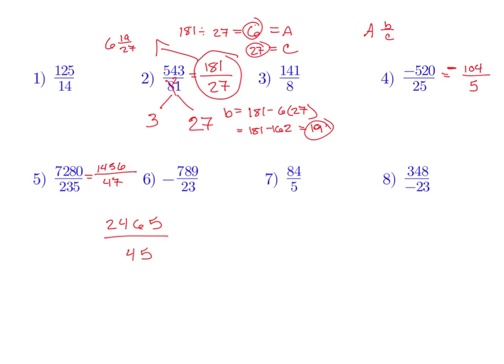Okay, what did you guys get? 17 and 5 over 8. 5 over 8.